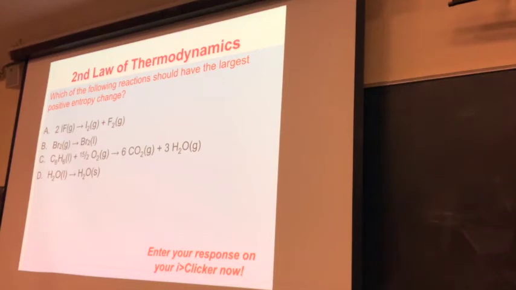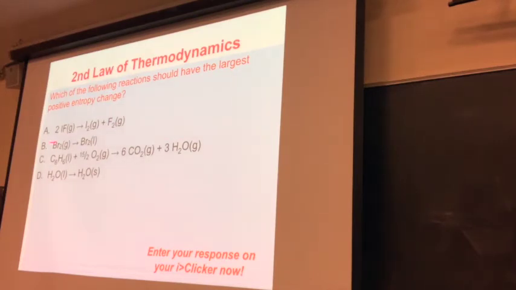No, that's right. Gases have the highest entropy of all, liquids are in the middle, and solids have the least. So gases going to liquids, as well as liquids going to solids, will both be decreases in entropy. That would be a negative entropy change, because you're going from a higher entropy state to a lower entropy state.